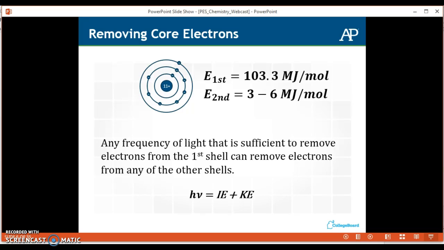And by analyzing the kinetic energy and subtracting out the energy required for ionization, we can make some conclusions about the structure of the atoms.